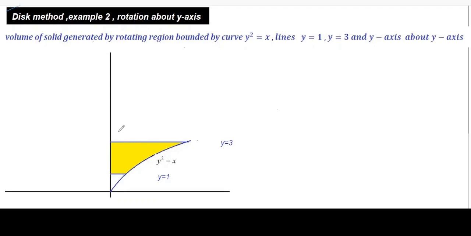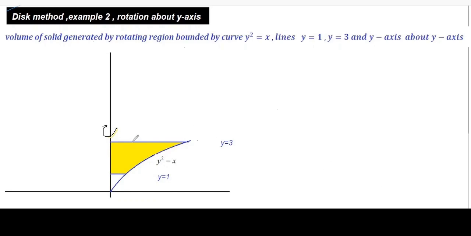Now this region is going to rotate about the y-axis. So if we rotate the region about the y-axis, then all the lines and the curves will also rotate about the y-axis.